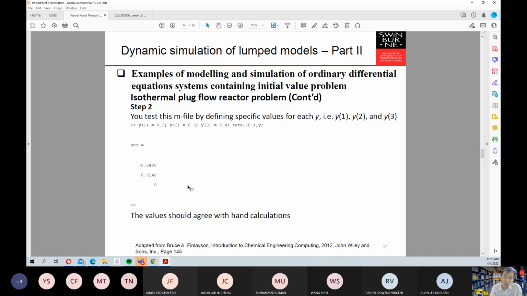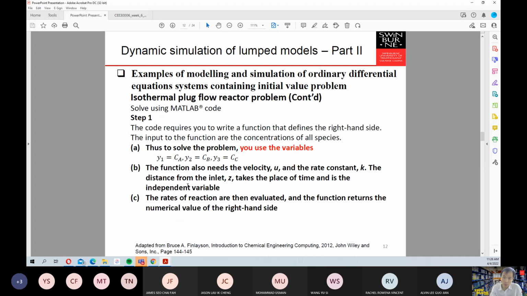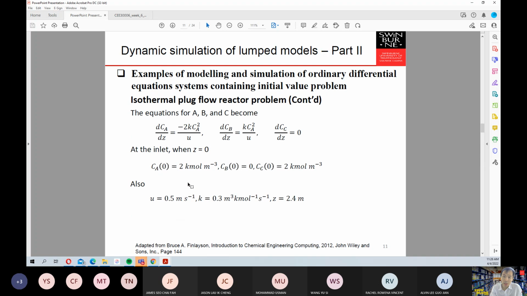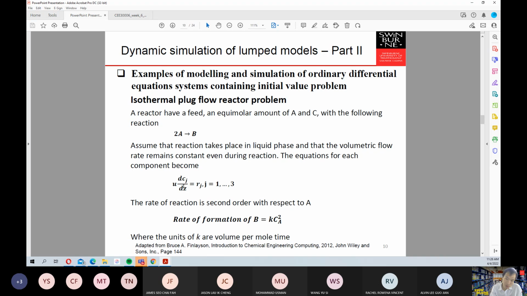Note that in this case, we are using an ODE solver, but the one that we solve is not in time. When I put this, it is actually a dynamic simulation, and we call it an initial value problem, but in fact the one that we solve in here is not in terms of time, but in terms of the length of the reactor.